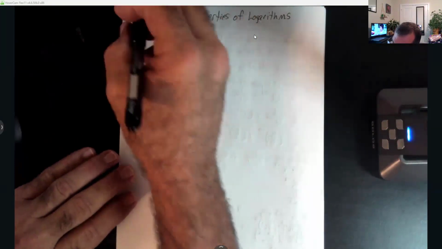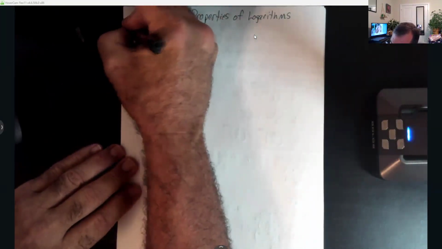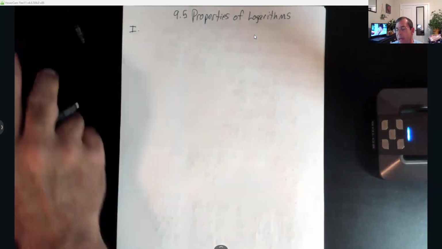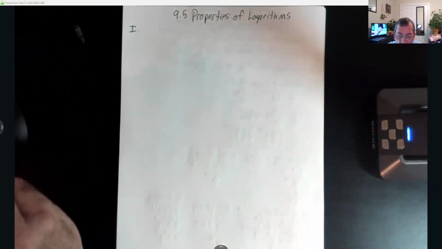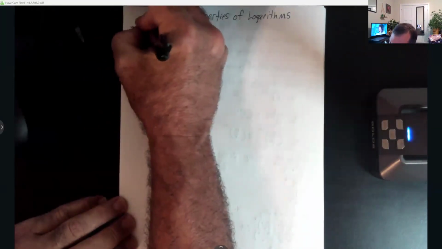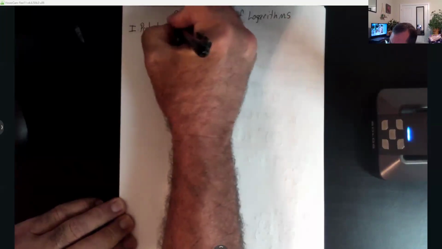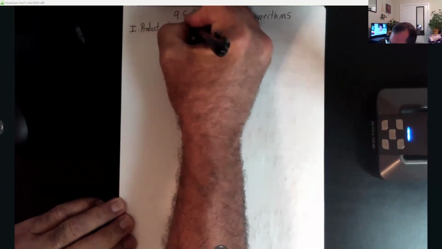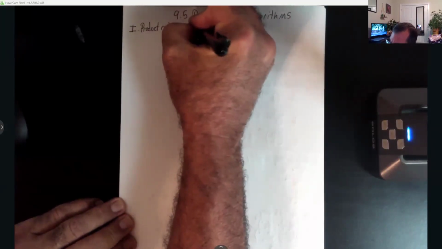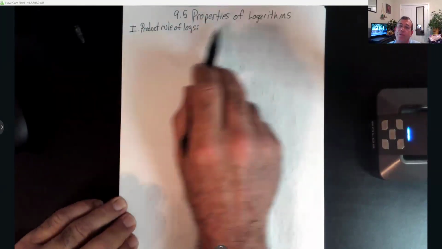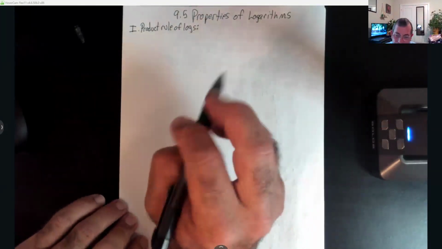So we got a few of these properties, and they almost mirror the exponent properties. So y'all, we got a product rule of logs. So I'm just going to write logs instead of logarithms, okay?